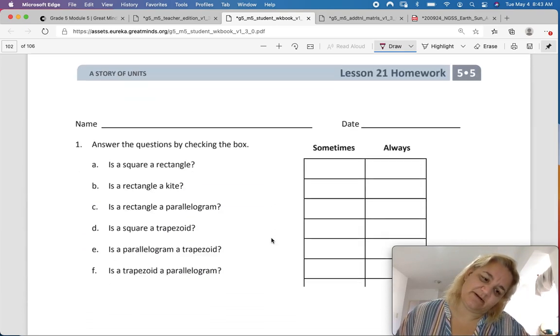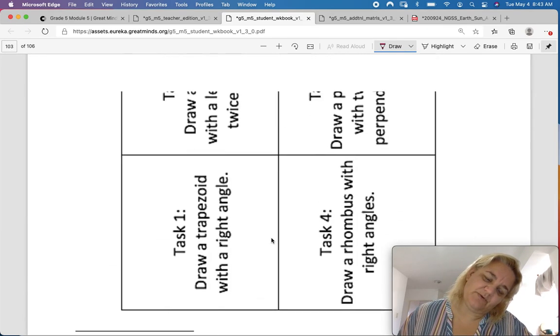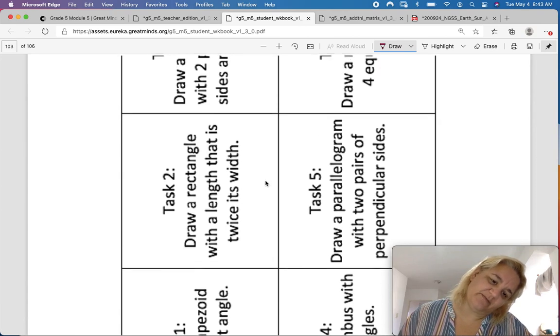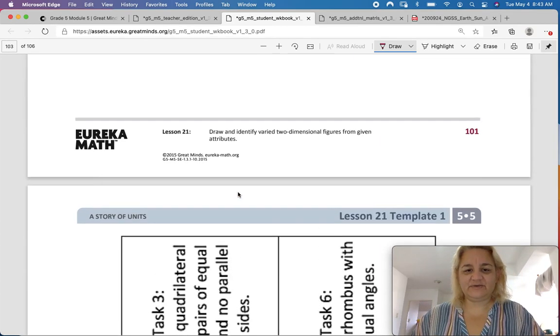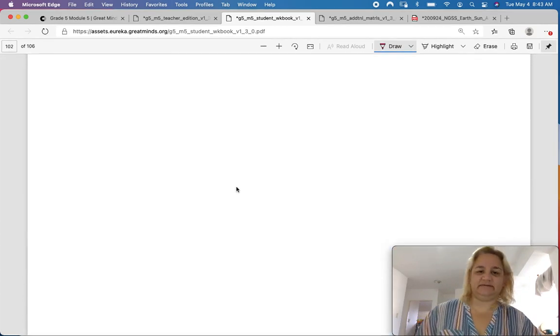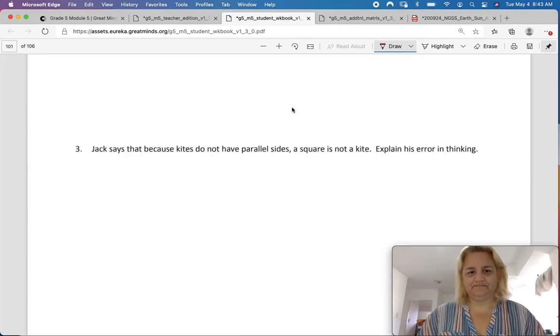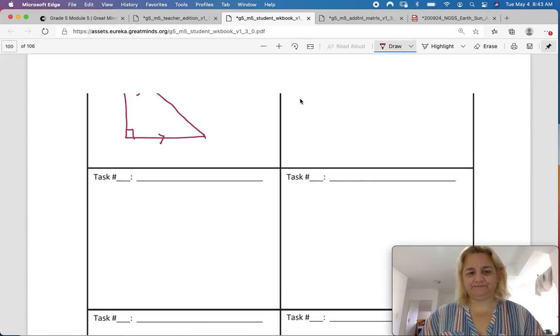I have to turn my head to the right here. You can cut those out if you want or have them in front of you. Draw a rectangle with a length that is twice its width. A length that is twice its width, and it's a rectangle. Okay. Task number 2.